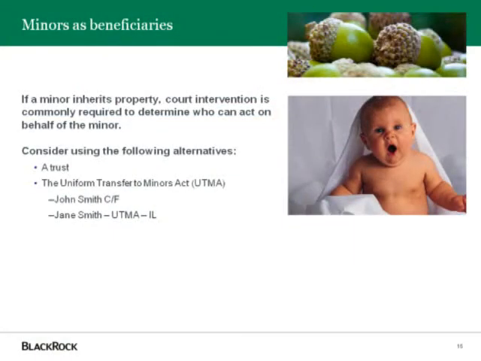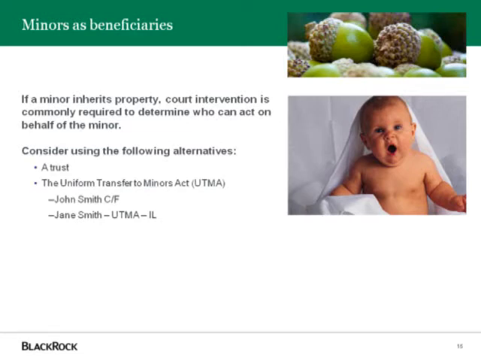In the absence of a trust, consider using the Uniform Transfer to Minors Act. This act allows the transfer of money to occur at death and is therefore a valid beneficiary designation. Decide who you would like to control the asset on behalf of the minor until they reach the age of majority. Keep in mind, you have the ability to change this individual up until the asset is transferred at your death.